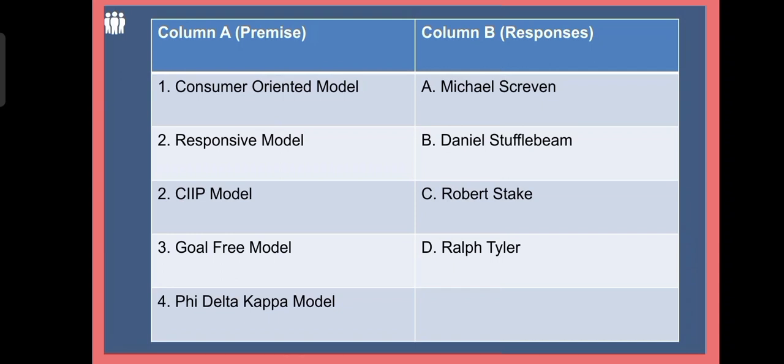The goal is to match each evaluator with the correct model they have been associated with. You can use a response or premise more than once if needed. For example, Michael Scriven could be matched with both the consumer-oriented model and the responsive model if those are both correct answers for him.